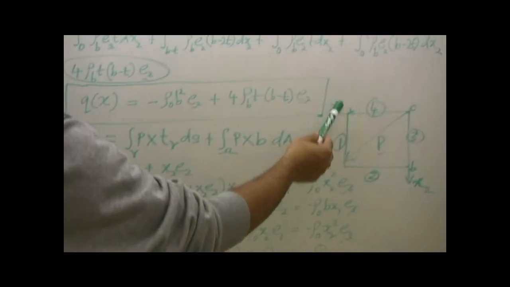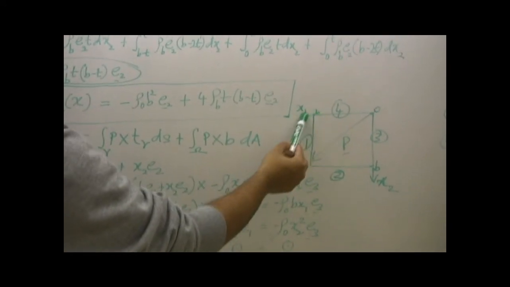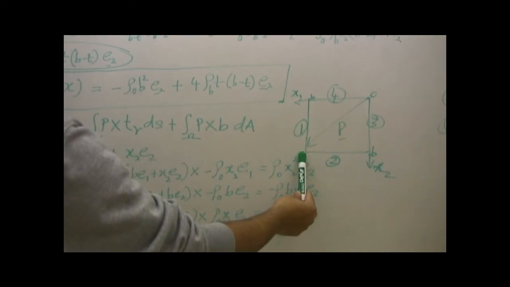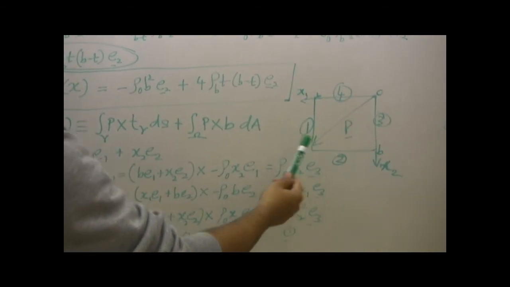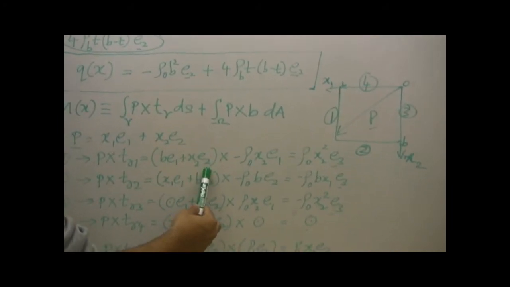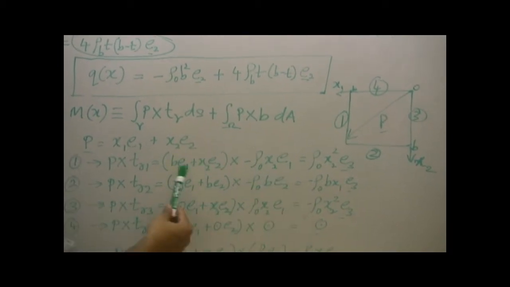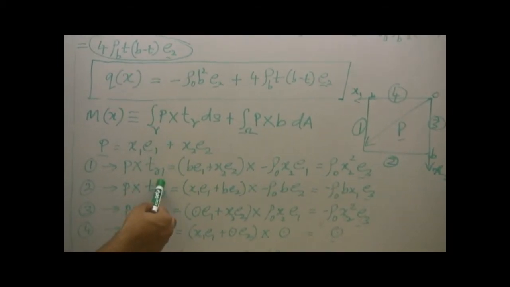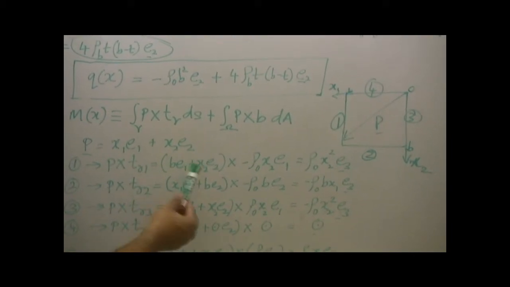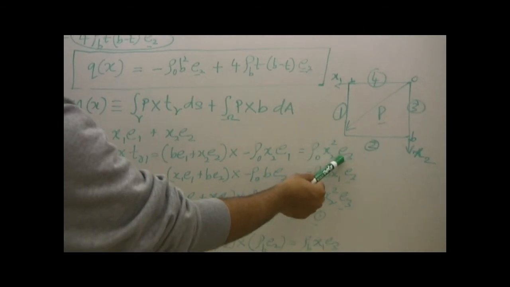Now, the position vector for surface 1 will be B in the direction x1, so it should be Be1 plus x2e2, cross the traction on surface 1. Traction on surface 1 we have already defined earlier. So our position vector cross the traction on surface 1, the ultimate result becomes rho 0 x2 square e3.